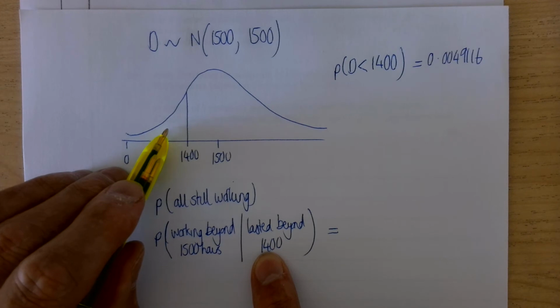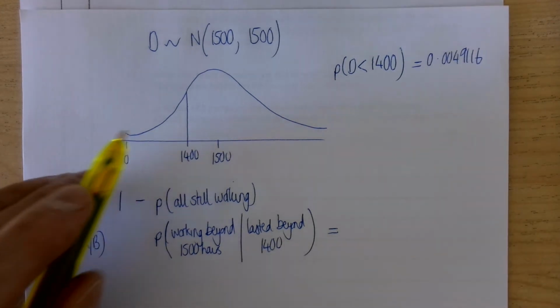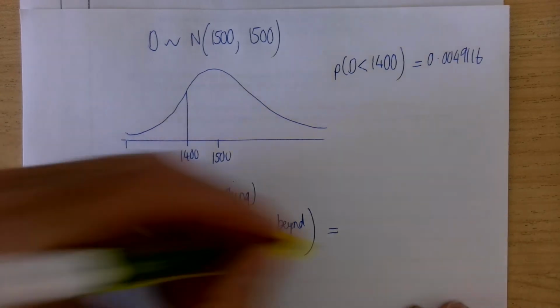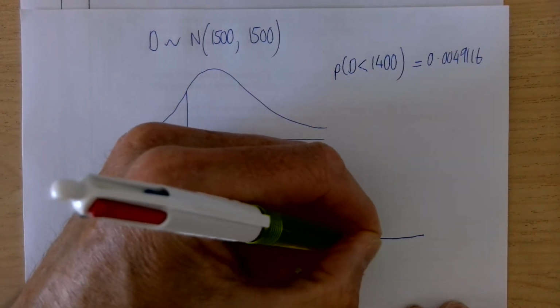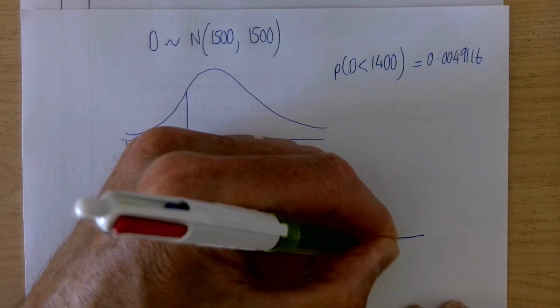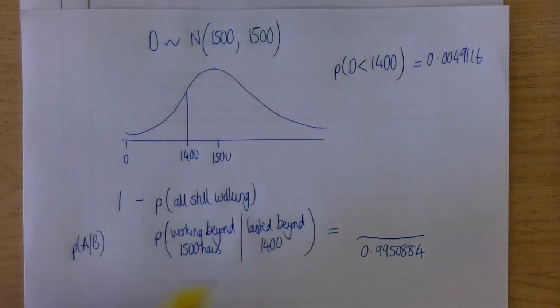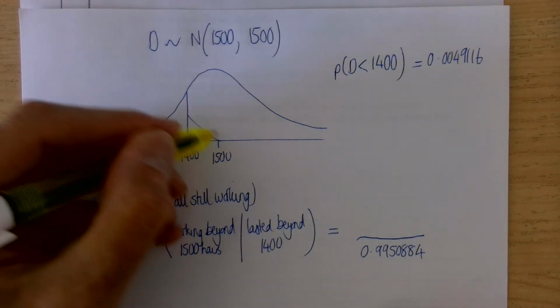Well, I've just worked out the probability that it doesn't last. So the probability that it does last is 1 minus that answer. So I'm going to come out of my statistics mode onto my calculator and do 1 minus that. That's my denominator, 0.9950884.